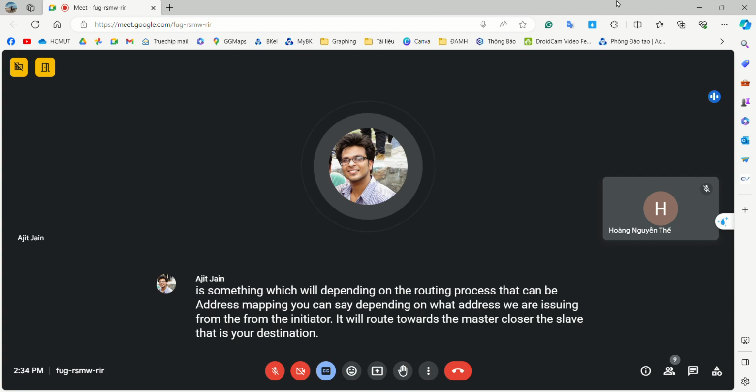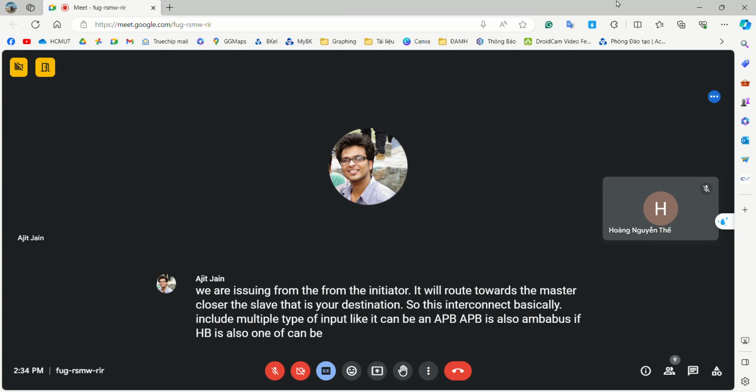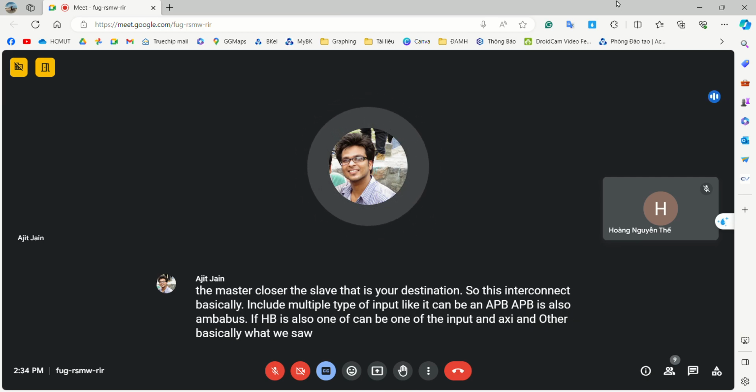So this interconnect includes multiple types of inputs. It can be APB, which is also an AMBA bus, AHB can be one of the inputs, and AXI, and others. Basically, what we see in SoCs are these types of inputs and outputs of the interconnect.